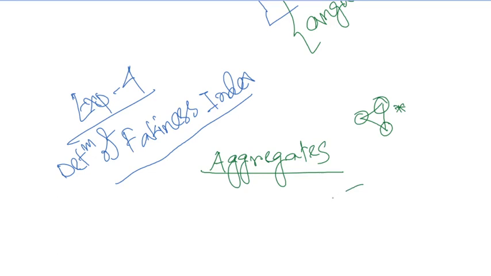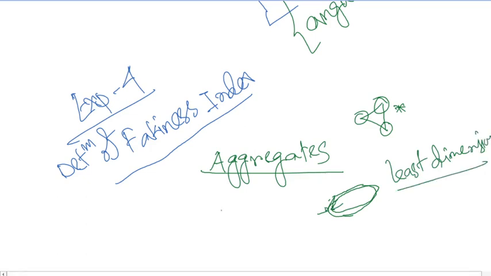If this is a 3D particle, this dimension is known as the thickness. That is the least dimension. The least dimension is related to the flakiness.